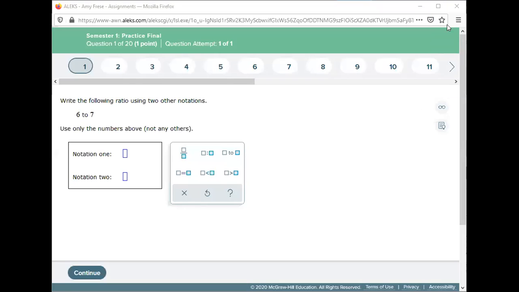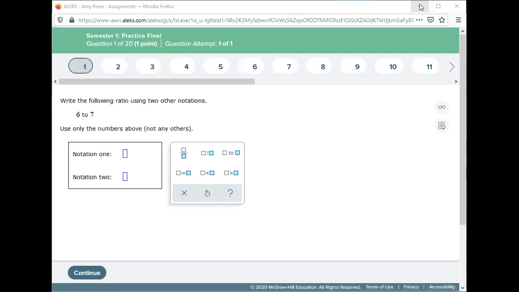Okay, so let's see if it'll let me do this one. If I'm in this, let me get to an actual class. Yeah, that's the problem. This is my view, I'll show you guys your view. So when you're in this view, come on.